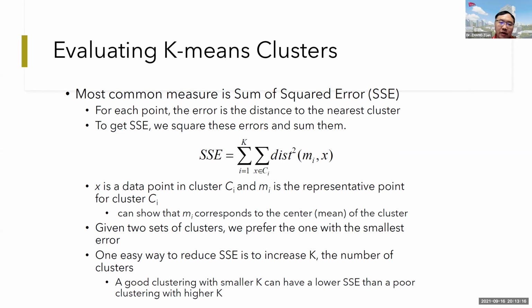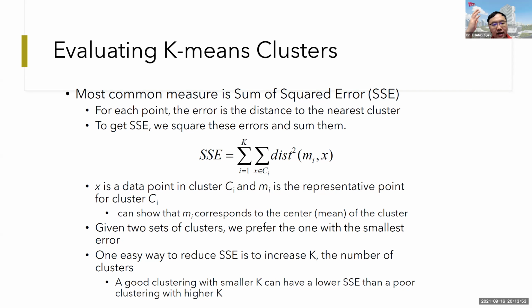So the most common measure is called sum of square errors, SSE. Okay, so where does the error come from? For each point, the error is the distance to the nearest cluster. This error is not the error in the regression problem, the distance between observed data and estimated data. Here, the error indicates the distance of a data point to its nearest cluster.